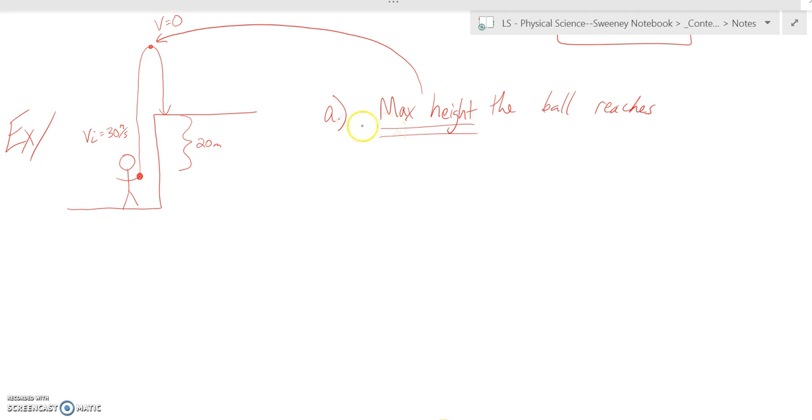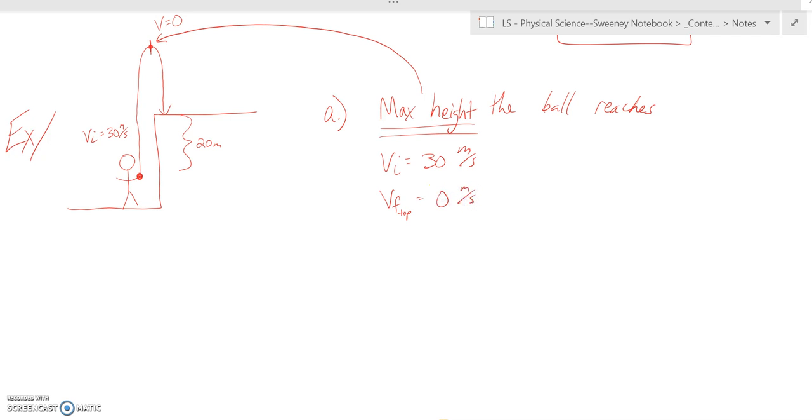So if we're talking part A here, finding the maximum height, we can pretty much stop the problem right at that highest point. We don't need to worry about anything that happens afterwards. Which means, if our initial velocity we threw it at is 30 meters per second, the final velocity at the top is 0.